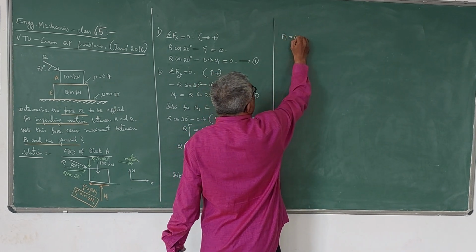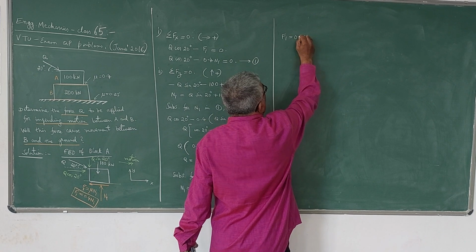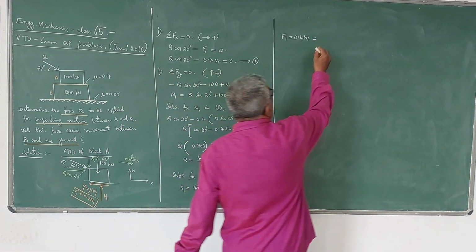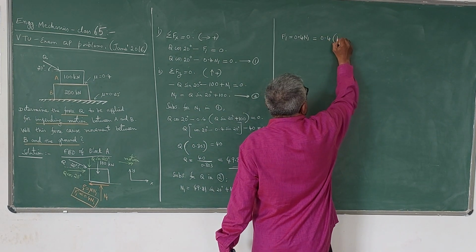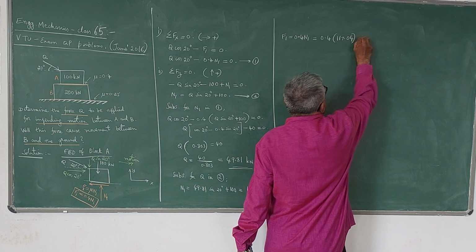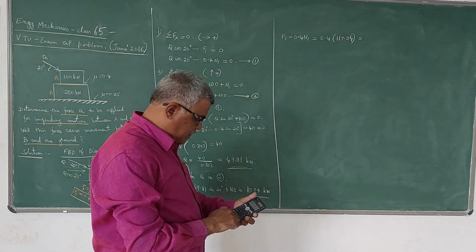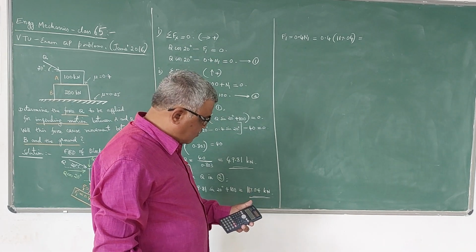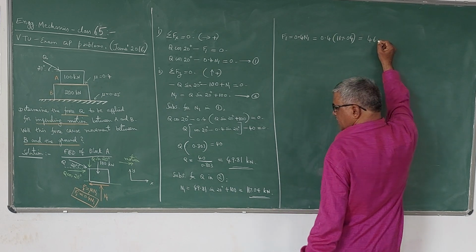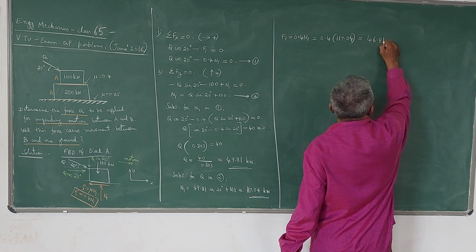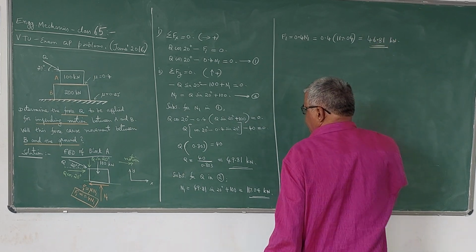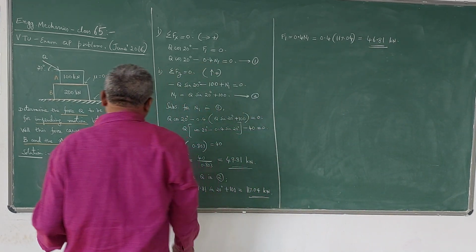F1 is 0.4 times N1. Already you know that. So that is 0.4 into 117.04. So you are going to get the value as 46.81 kilonewton.